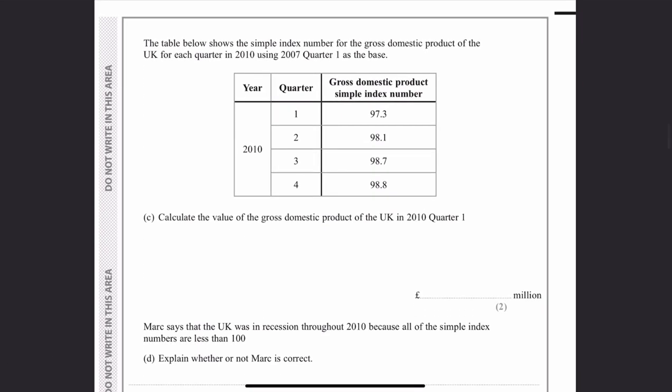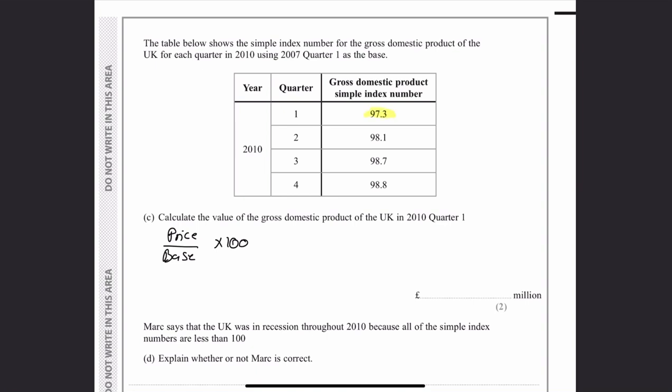Then we have the table below shows the simple index numbers for the gross domestic product of the UK for each quarter in 2010. Using 2007 quarter 1 as the base, calculate the value of the GDP of the UK in 2010 quarter 1. So once again, we're going to be using our formula, which is our price, in this case our gross domestic product, over our base, and we're going to times it by 100 to get these index numbers.